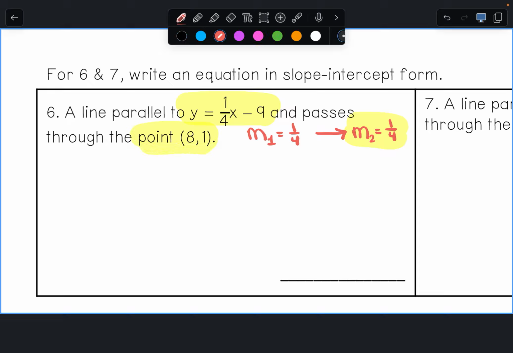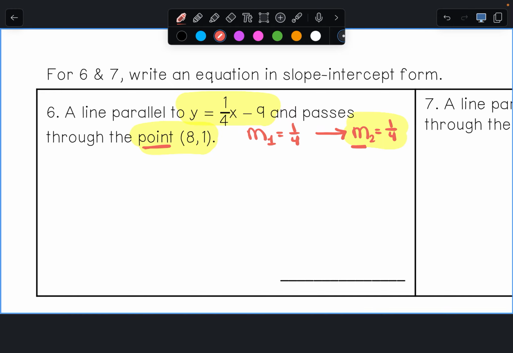What can we use when we have a point and a slope? You can do the point slope form. You have a point, you have the slope.